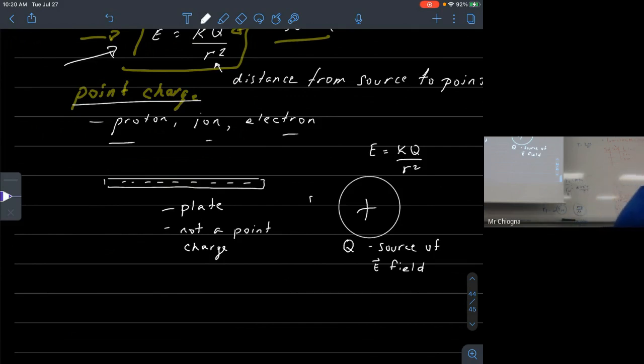Okay, let's go through another example. Example 2.